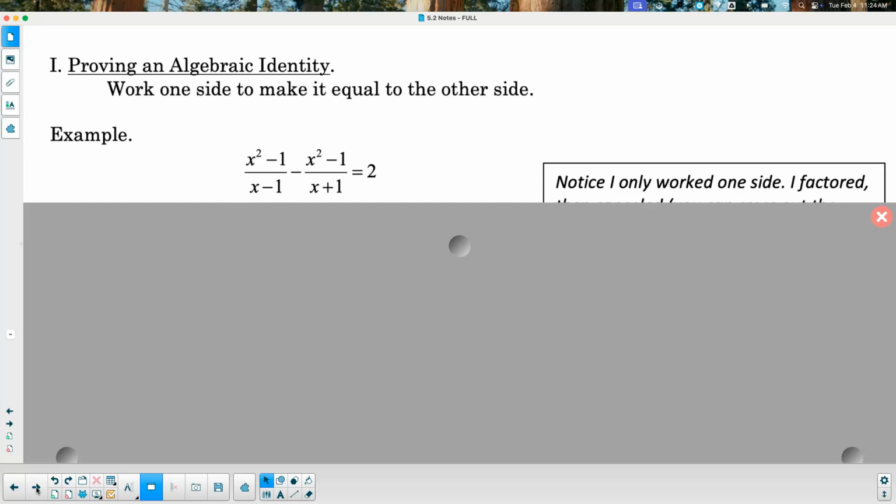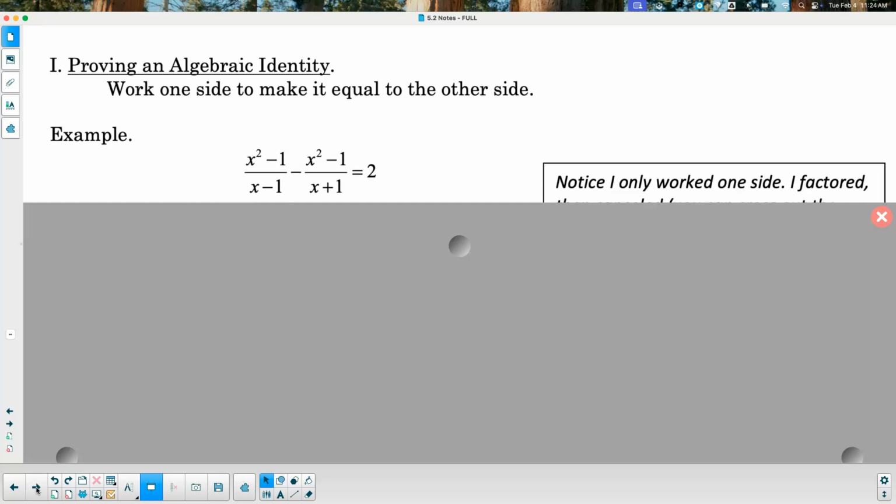If I get it to be the other side, then I've proven it. If I don't, then I've disproved it, or I've done something wrong. But when you're proving, you can only work one side.